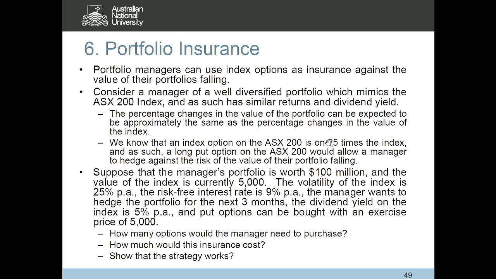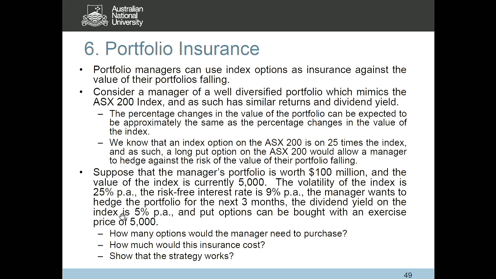And what you're required to do is, okay, so another thing is you were told the portfolio has a net worth of 100 million, and the value of the index is 5,000 points. The volatility of the index is 25%, risk-free rate is 9%. So the manager wants to hedge the portfolio for the next 3 months.